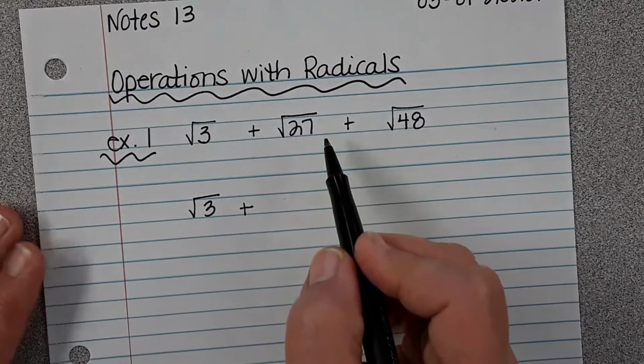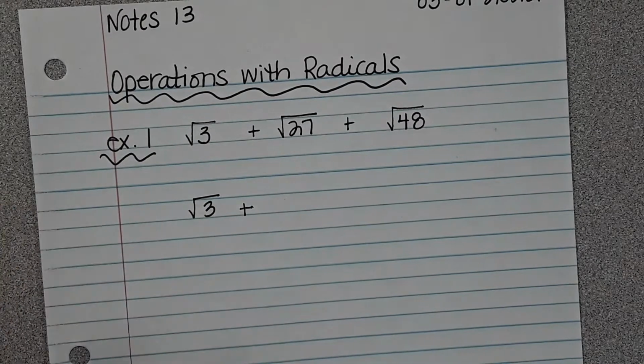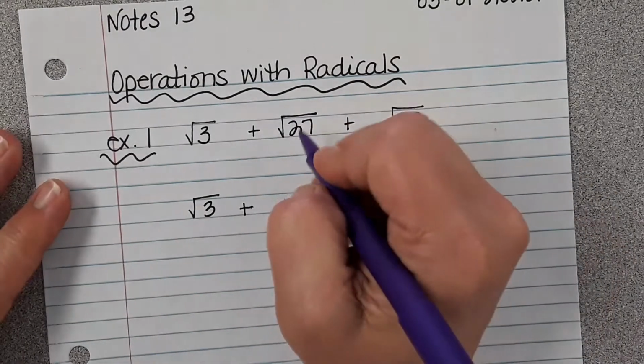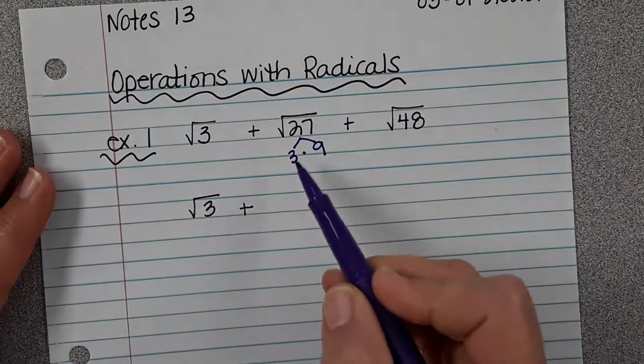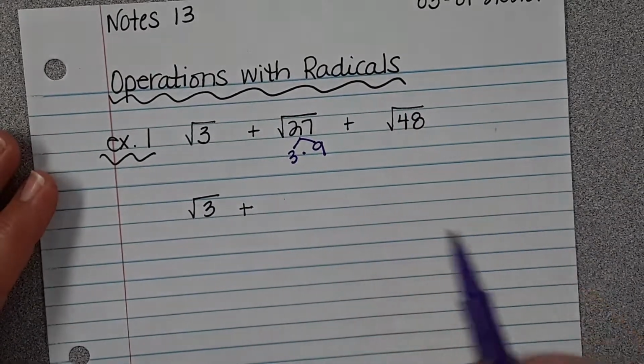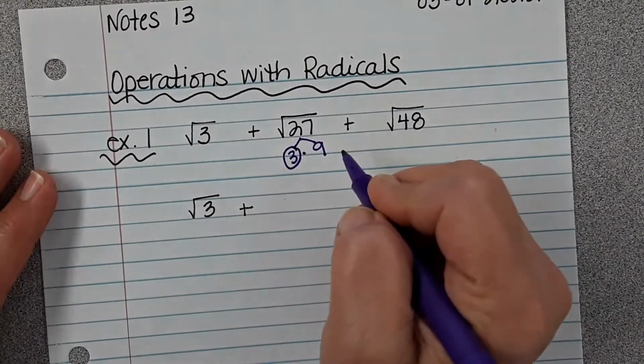Now we're going to try to simplify the square root of 27. By doing that, I'm looking for two numbers that when you multiply, you get 27. What is it? 9 and 3. Do I need to circle either one of those?